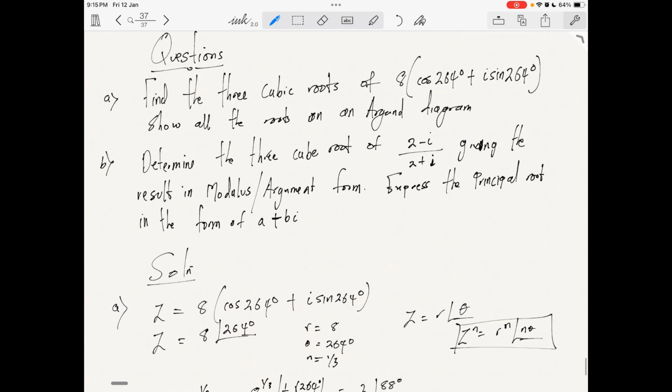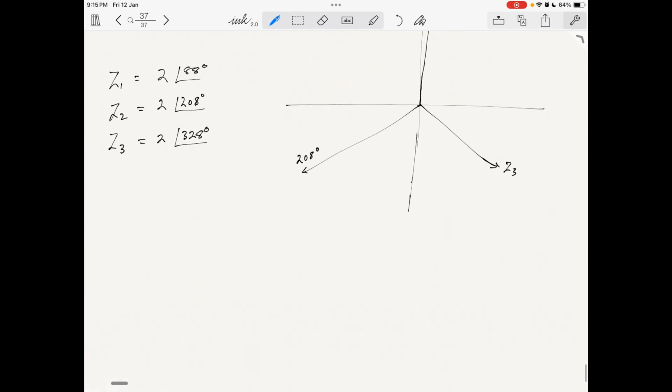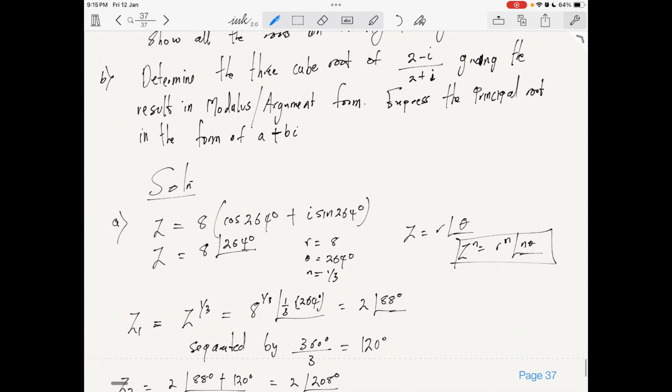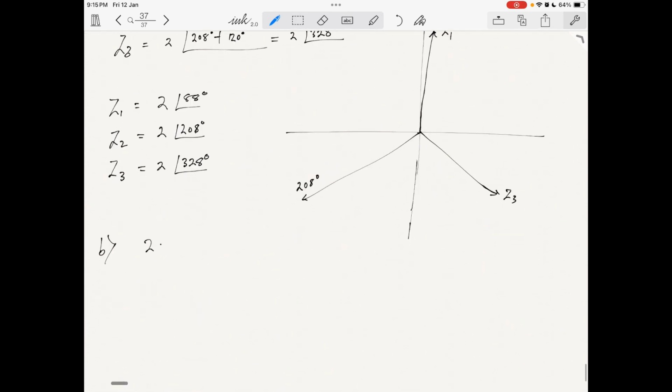Now, if you look at the second question, it says determine the 3 cube roots of (2 minus i) divided by (2 plus i), giving the results in modulus-argument form. Now we should express the principal root in the form a + bi. In that case, we are asked to express (2 minus i) divided by (2 plus i).